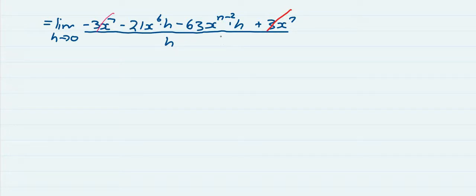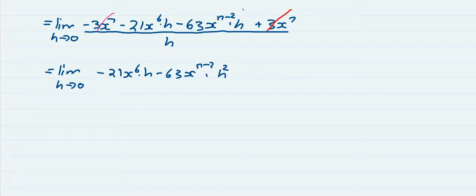So the limit as h approaches 0, we should get minus 21 x to the exponent 6 multiplied by h minus 63 x to the exponent n minus 2 multiplied by h squared.